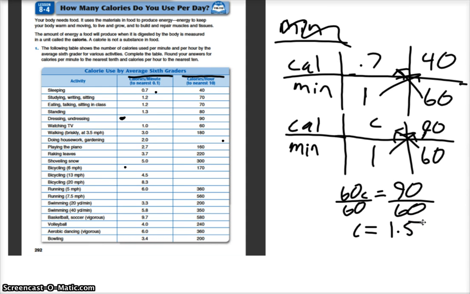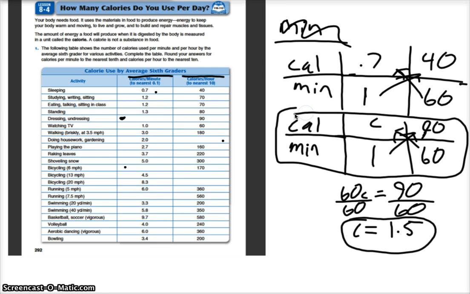So if it took you 1 minute to dress or undress, kind of a weird one, your body would use 1.5 calories just for that function. But if you do it for an hour, you'd burn 90 calories. 90 calories is maybe like a little snack bar or something. Okay? So make sure you fill in the rest of your chart, fill in those blank spots using this rate formula that I set up here.